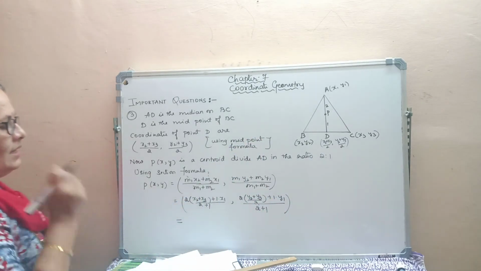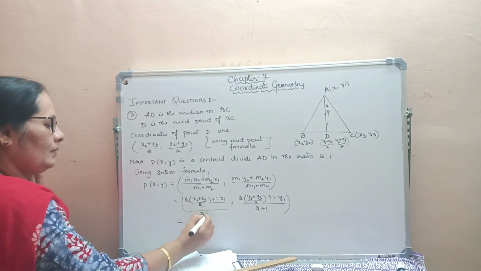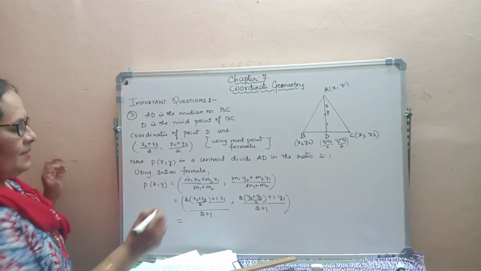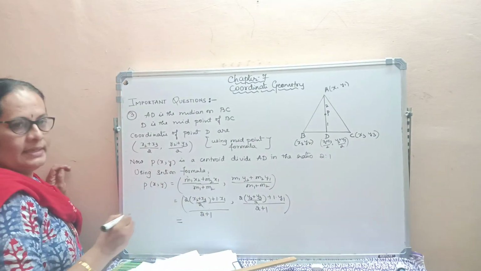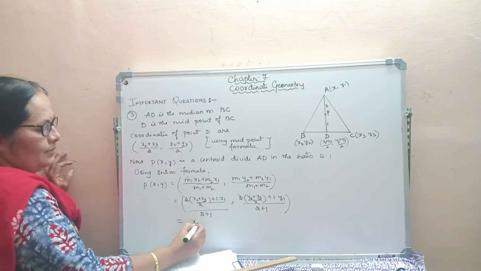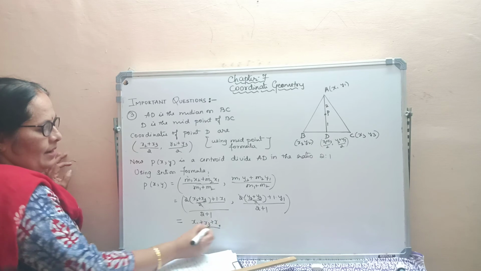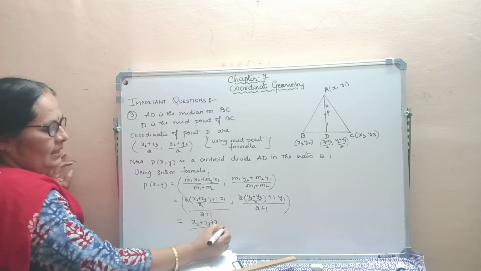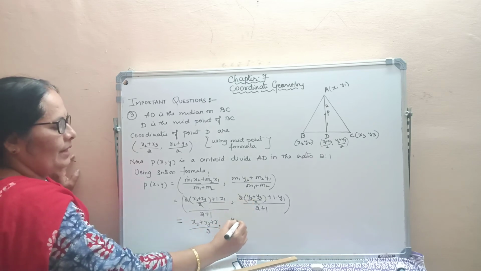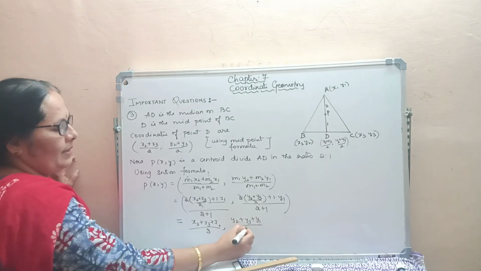Now, simplify. The 2 gets cancelled. What we get here is x2 plus x3 plus x1 divided by 2 plus 1, which is 3. Similarly here, y2 plus y3 plus y1 divided by 3.